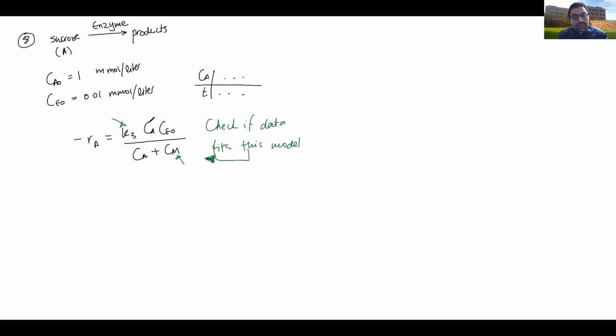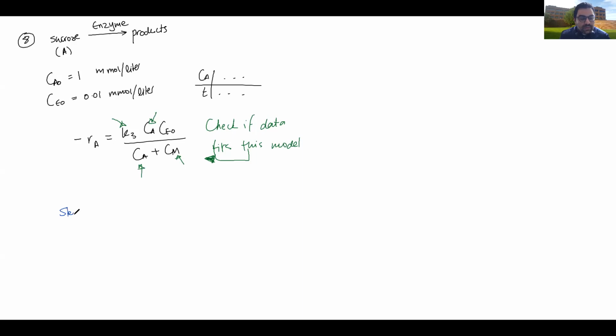I want to try to simplify this expression somehow, because plotting this is not as easy as it looks. I want to simplify it so that I only have it as a function of CA, because I'm given data in terms of CA. So I'm going to start off by lumping my constants. And this is a typical approach.